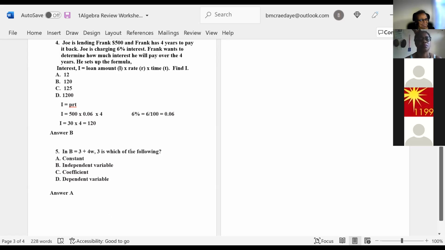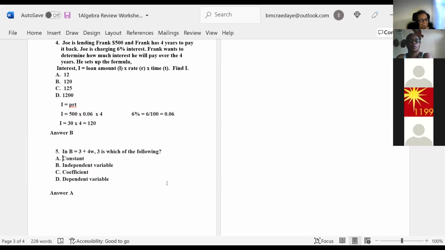Yes, but I hear about coefficient more than I hear about constant, right? That's what had me confused. Well, you know what the coefficient is. Coefficient is just a number in front of a variable. So when you see 4W, W is the variable and 4 is the coefficient. And that really is saying 4 times W, right?